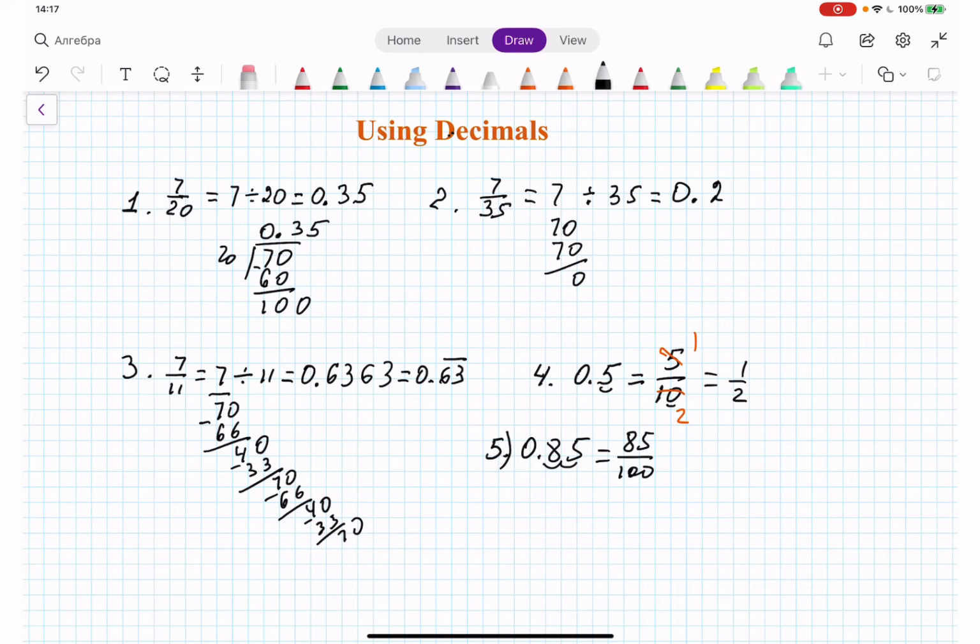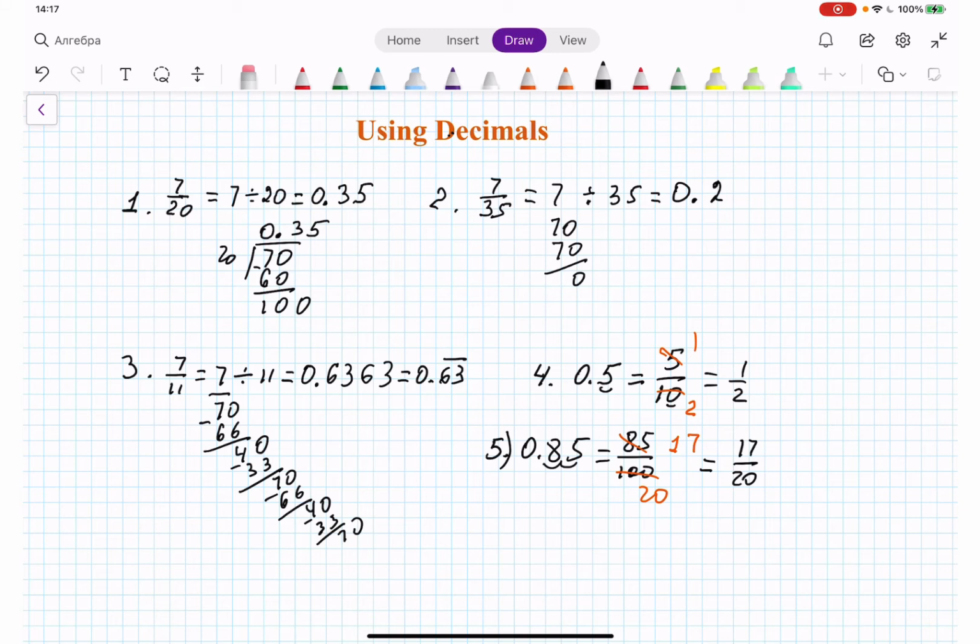Numbers that end with 0 and 5 are divisible by 5, which means 85 divided by 5 is 17, and 100 divided by 5 is 20. And we are getting 17 over 20.